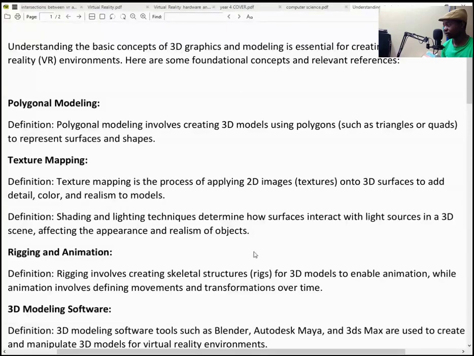This skeleton is also what we call the rigs. For enabling animation, we need to know that the skeleton or rigs are always the basic, fundamental structure of a character.